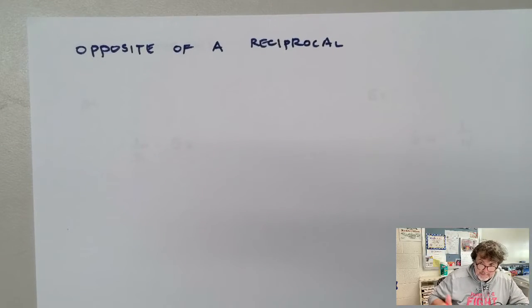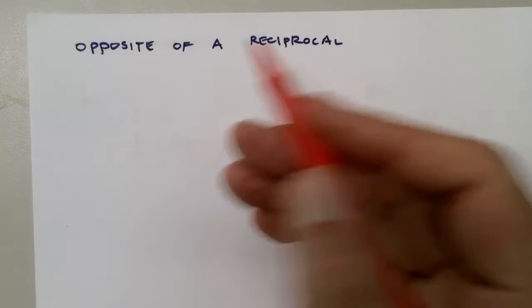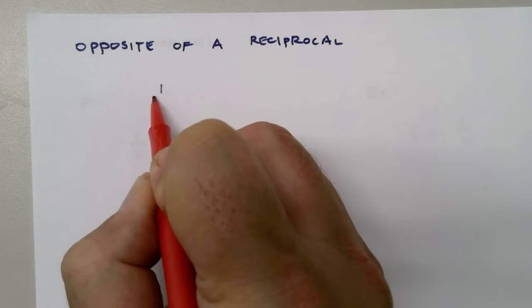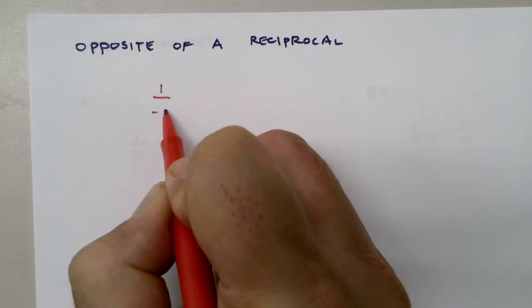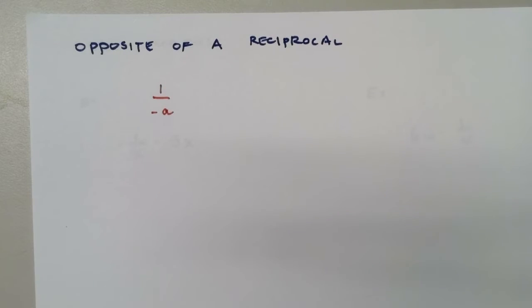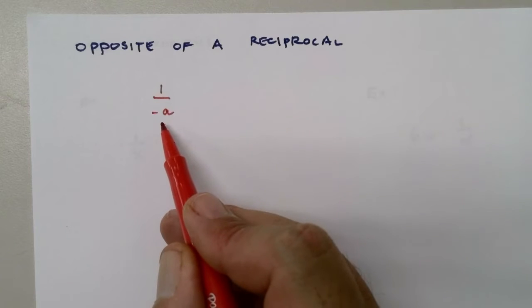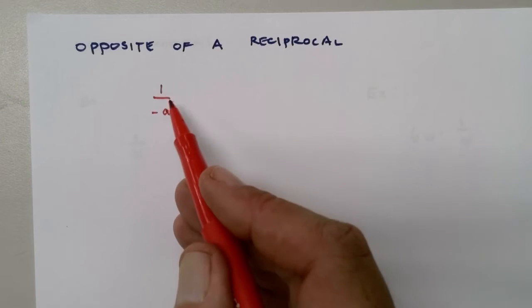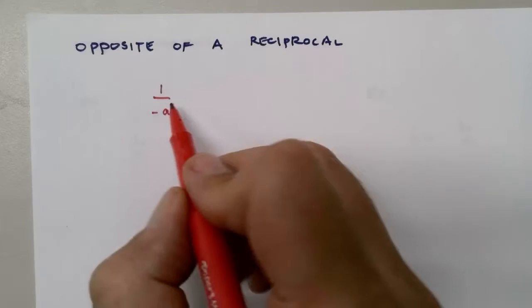The book has this, and I would not do this: the opposite of a reciprocal. Sometimes you have a reciprocal 1 over negative a. The original number is negative a, and the reciprocal is 1 over the original number, so 1 over negative a.